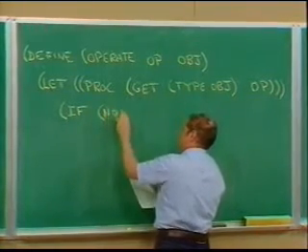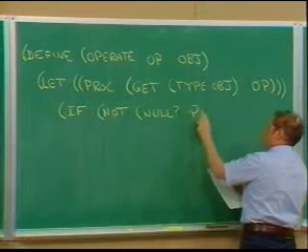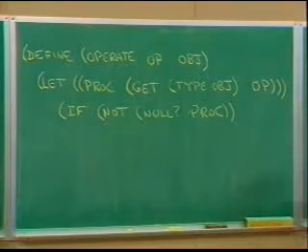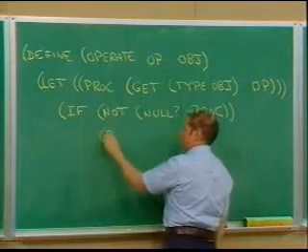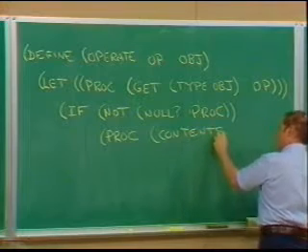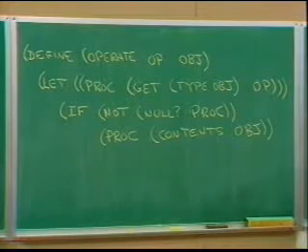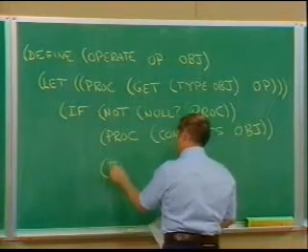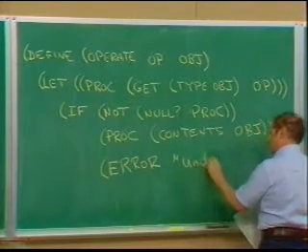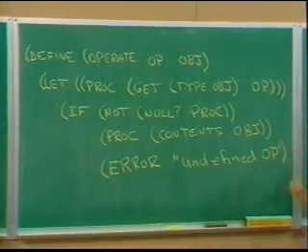So it says if there's actually something stored there, if the procedure here is not null, then it'll take the procedure that it found in the table and apply it to the contents of the object. And otherwise, if there was nothing stored there, it'll, well, we can decide. In this case, let's have it put out an error message saying undefined operator, or no operator for this type, or some appropriate error message.